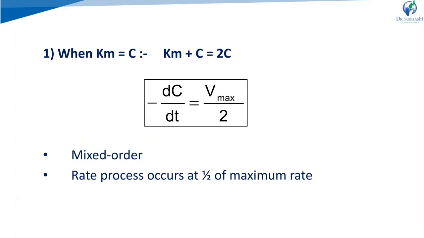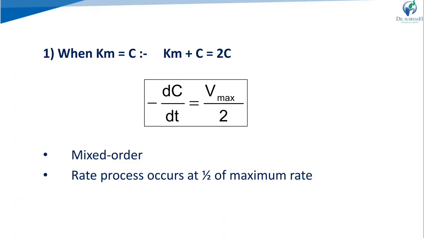So three situations are possible, depending upon the values of Km and C. The first possibility is when Km is equal to C. Under this situation, the Michaelis-Menten equation becomes minus dC/dt equal to Vmax upon 2.